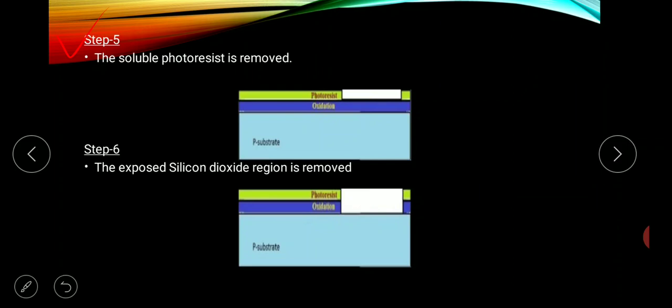Step 6. The exposed silicon dioxide region is removed. After the removal of photoresist, that portion of silicon dioxide is exposed, and it is removed using the process known as etching.